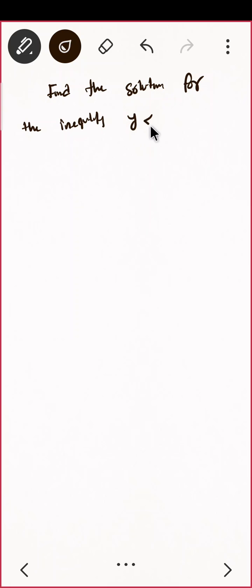Now my question is, find the solution for the inequality y is less than equal to minus 3.